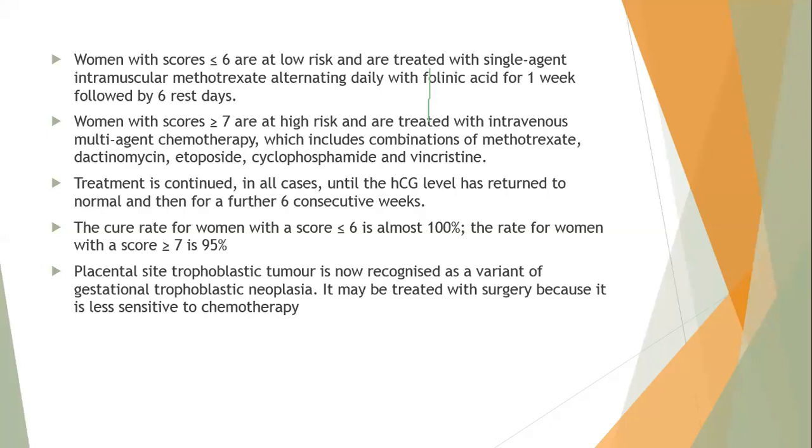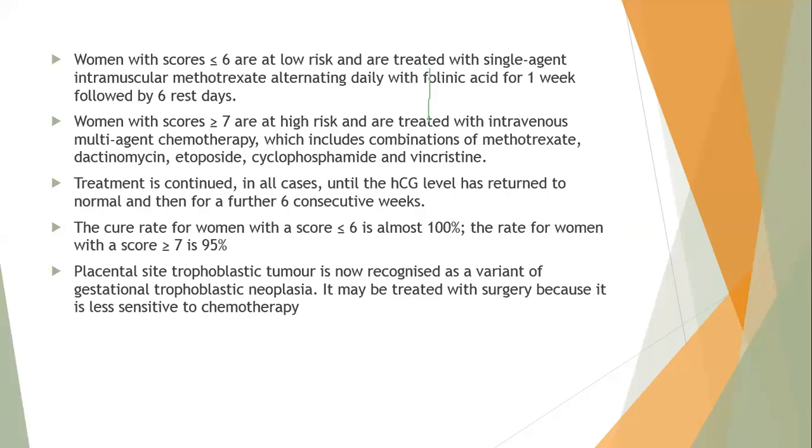So just know the names, because a question may come as, yes, we can treat it with 1, 2, 3, 4, and they will give you a wrong name. So don't worry about the doses or the regimens. Just know that when it has a score like this, we give treatment like this. And the FIGO score is very important because there is a question in the Strat OG about it, and if it is in the Strat OG, it can come in the exam.